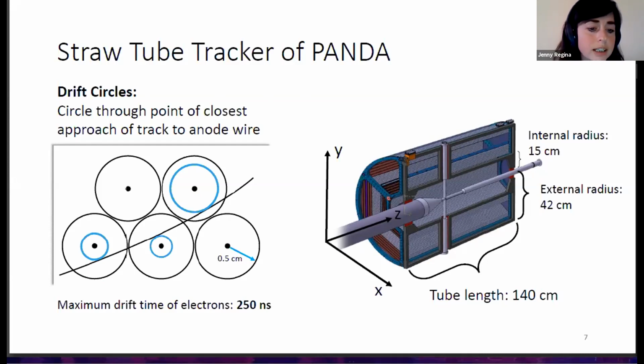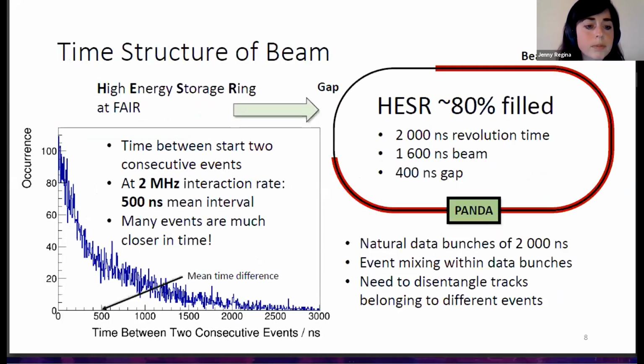You also see the dimensions of the tubes here. Something that's important for the work is that the maximum drift time of the electrons in the straw tube tracker is 250 nanoseconds, for the ones originating from close to the tube wall.